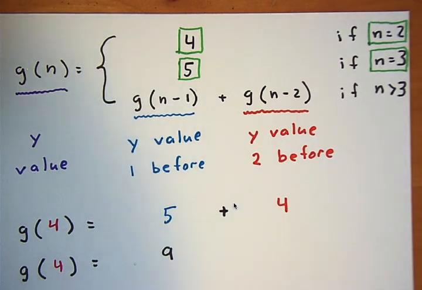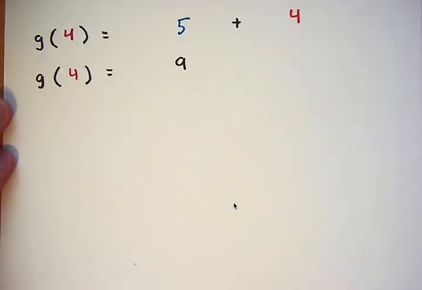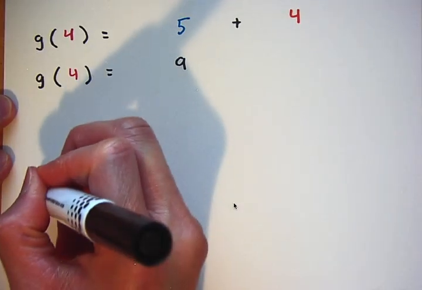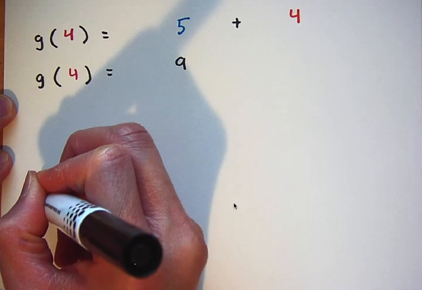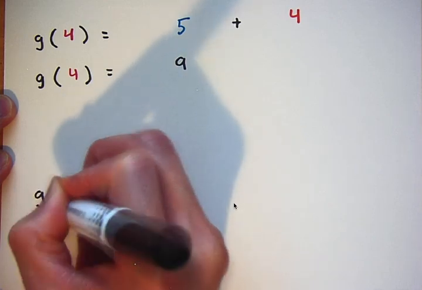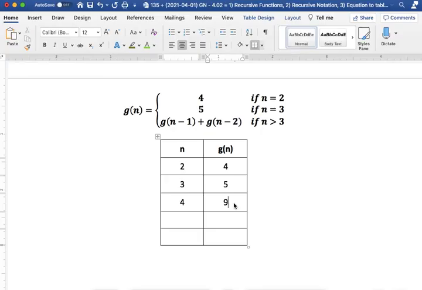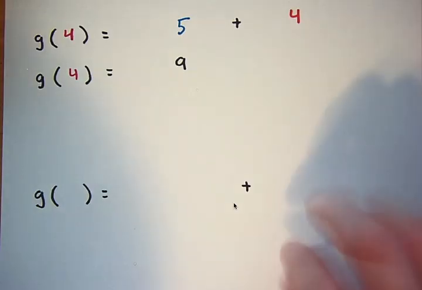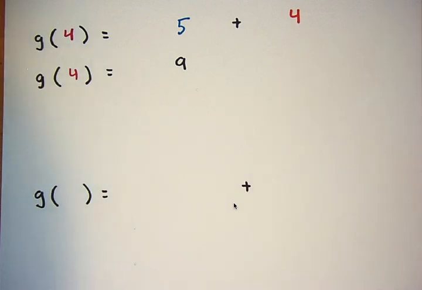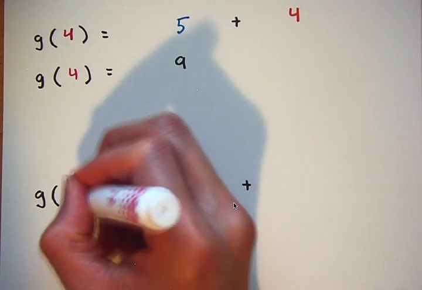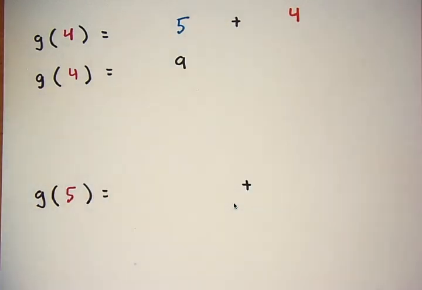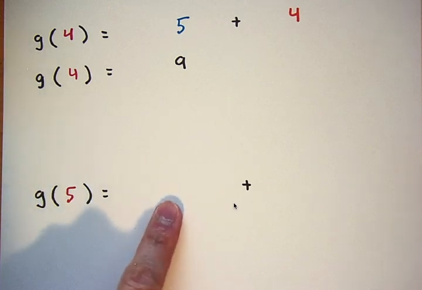All right, let's do one more. Your g of 5. Well, now I'm doing n equals 5, so I'm looking for this y right there. Okay, and your g of 5 is equal to your y value 1 before.